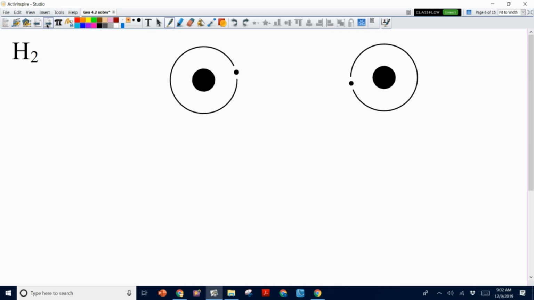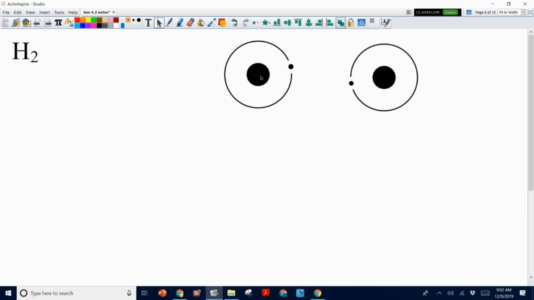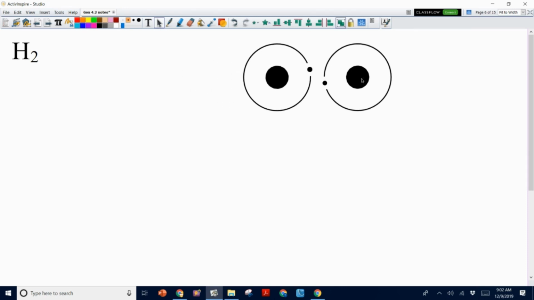So, sharing of electrons: what happens when electrons are shared? Here we have the most simple example we can have. We have two hydrogen atoms. Remember, hydrogen has a nucleus and one electron in that shell. When these two hydrogens get very close to each other, they are going to share those electrons.